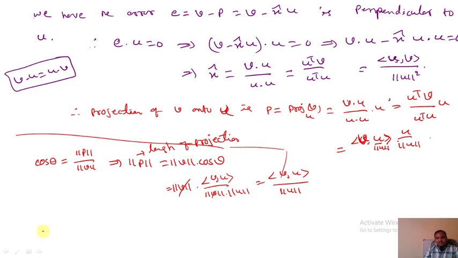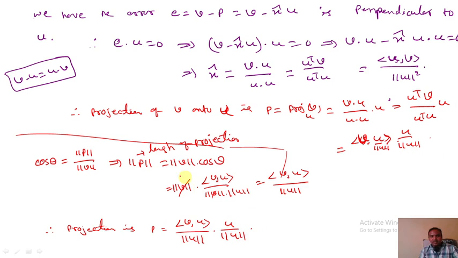The projection length is V comma U by norm U. Therefore the projection is small p equal to V comma U divided by norm U into the unit direction U by norm U. All of these are the same. Yeah, this one we can prove by angle. This is the projection of one vector onto another vector.